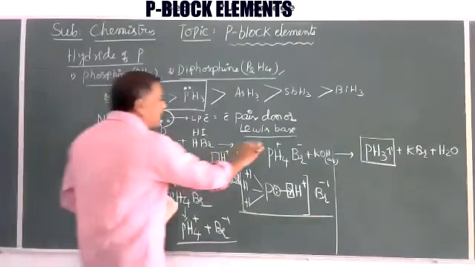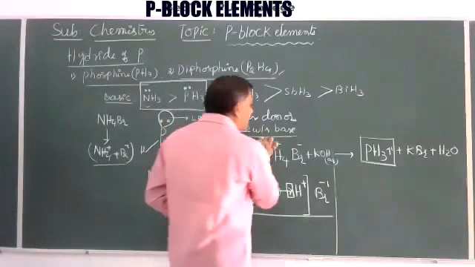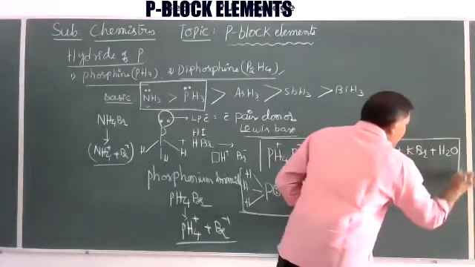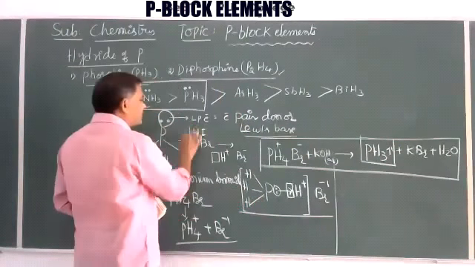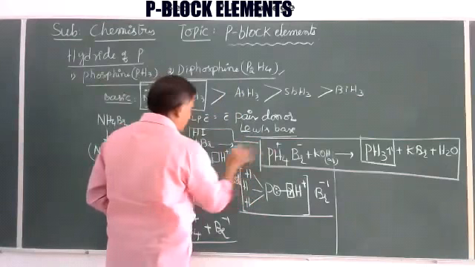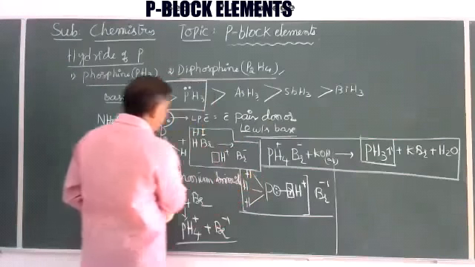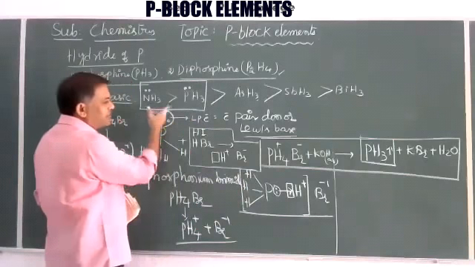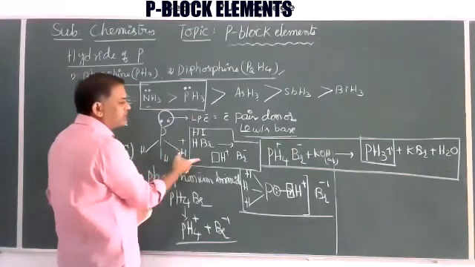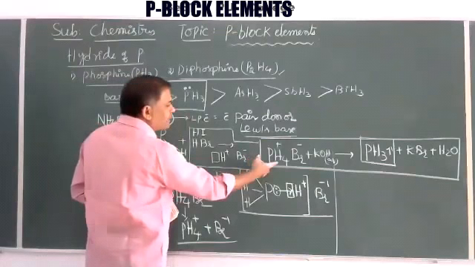So, this is how we purify impure phosphine. First, PH3 is reacted with HBr, due to its basic nature and donation capacity. It forms phosphonium bromide.